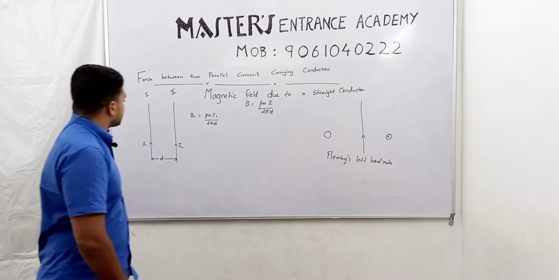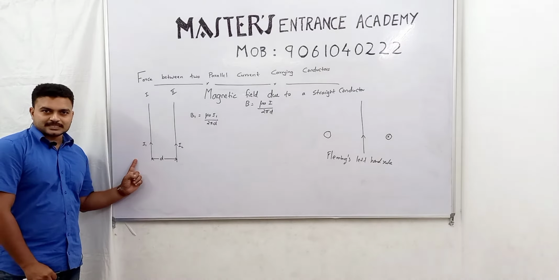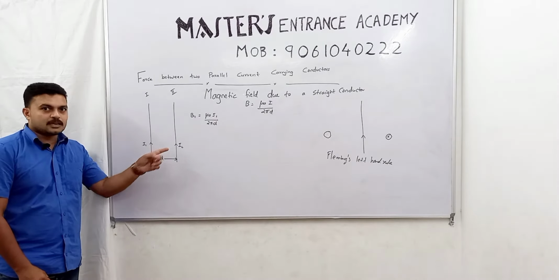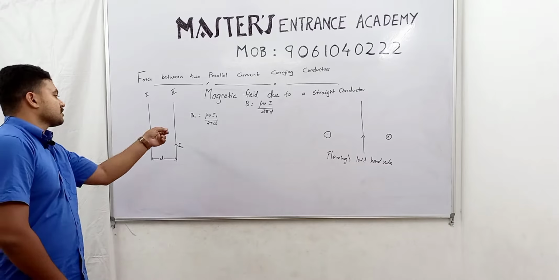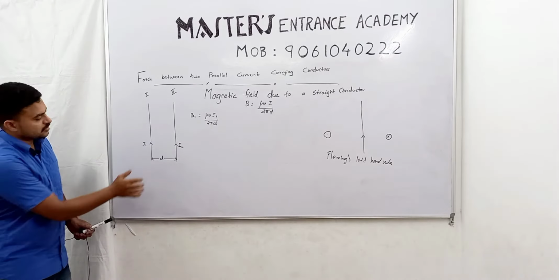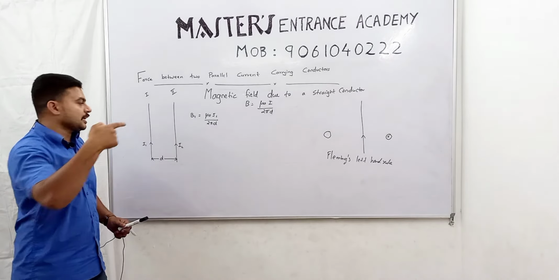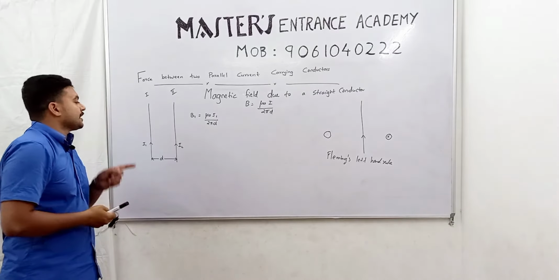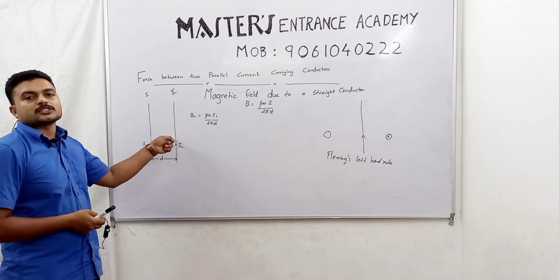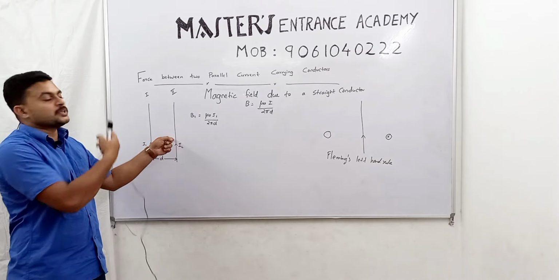Here, due to the first conductor there is a magnetic field acting on the second. How? Like this, by the right hand thumb rule. So the magnetic lines of force are into the second conductor like this. What is the direction of current in the second conductor? Upwards.